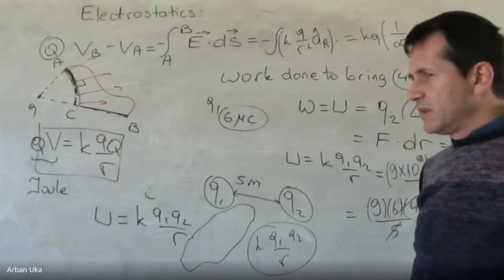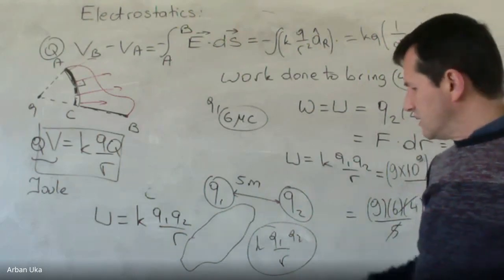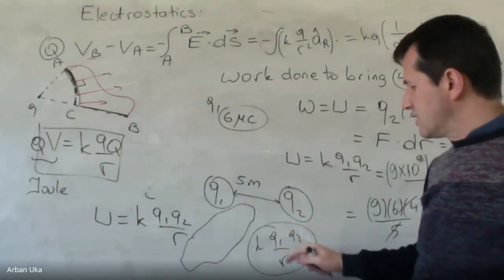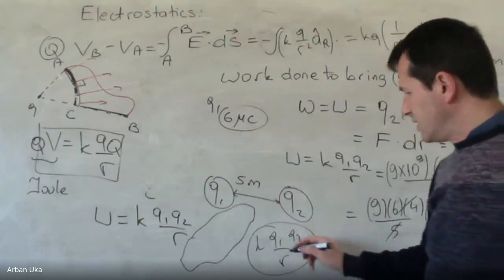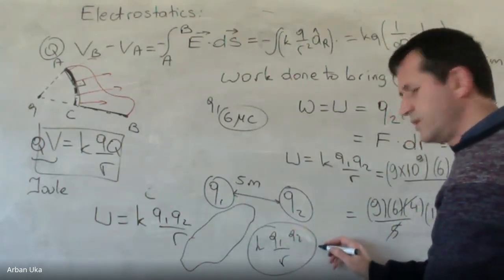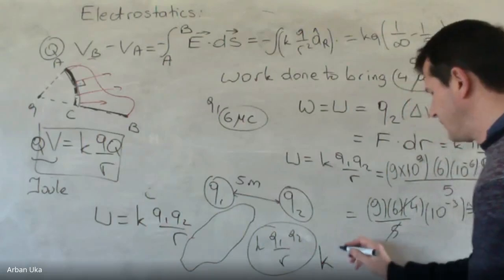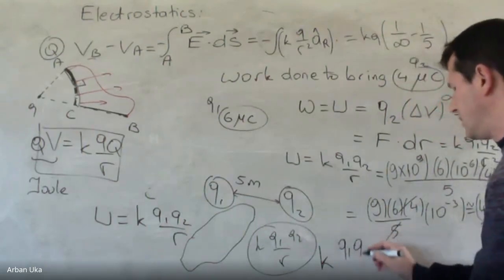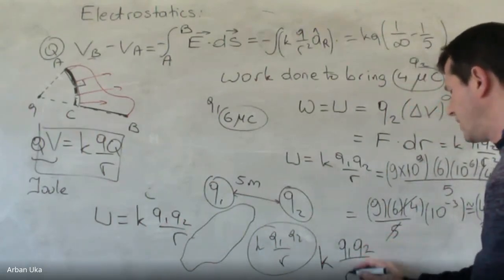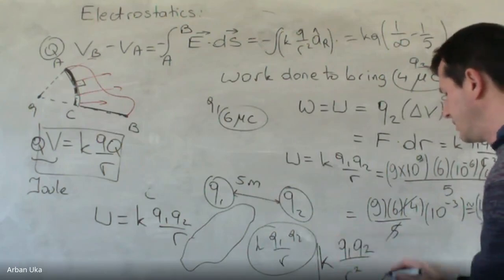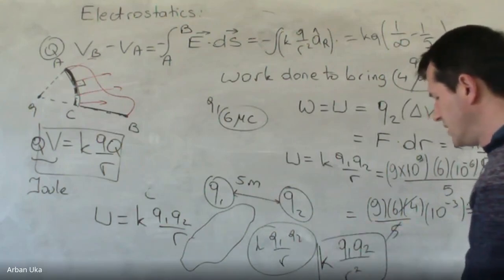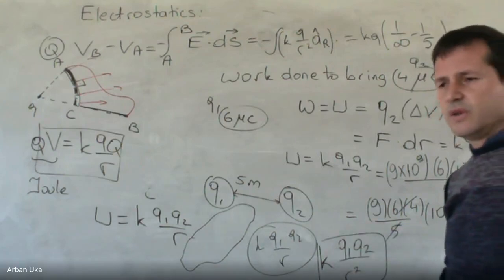But the moment that these are point charges, the forces are always defined like so. The force will be simply defined like this: k q1 q2 over r squared. Okay, if that's the case, that's good for us. We can keep this one. Otherwise, we need to integrate.